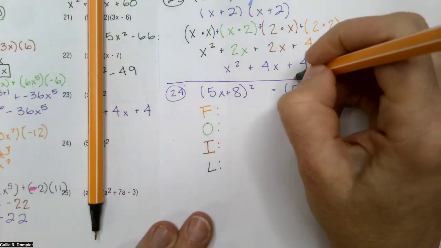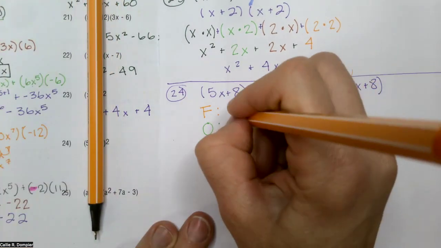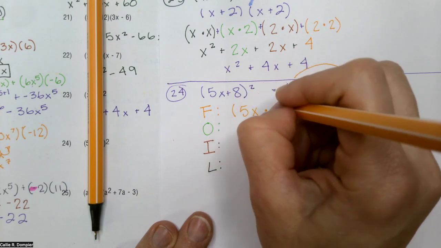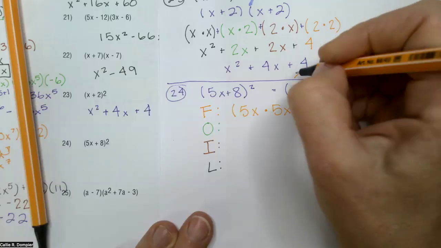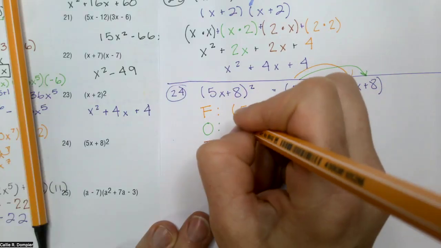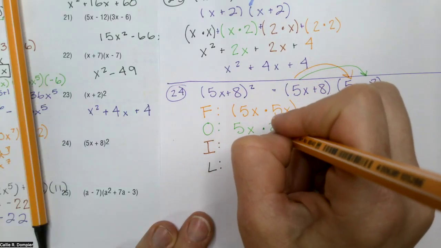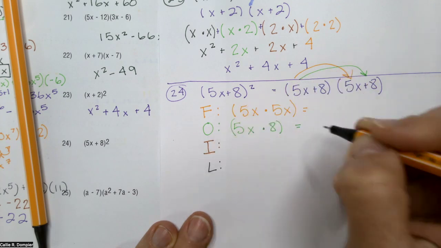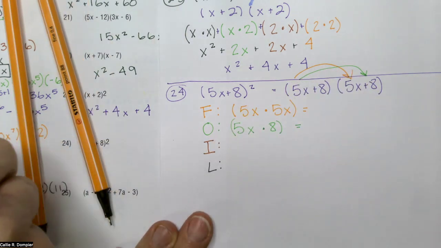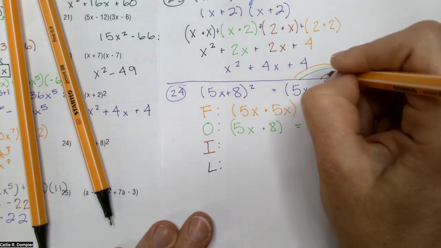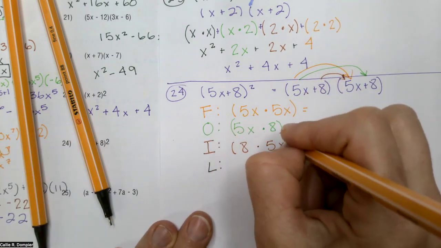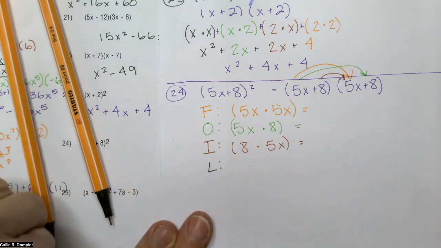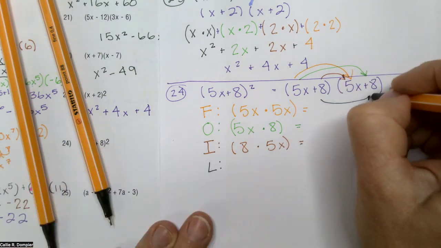Good. So our first terms are 5x times 5x. Outside is going to be 5x times positive 8. Inside is going to be 8 times 5x. And then last is going to be 8 times 8.